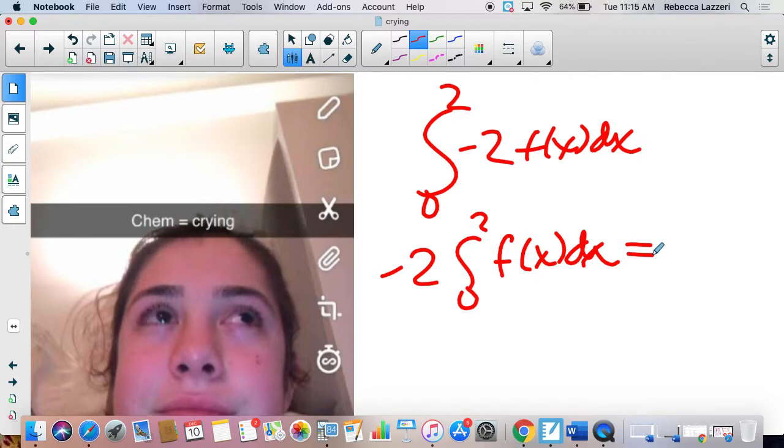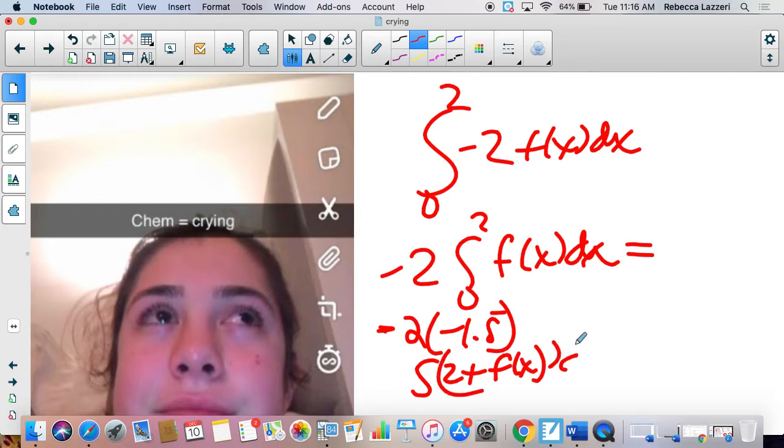They told you the area was 1.5, but since it's underneath, you had to use -1.5 for the actual answer to the interval. Because the integral just keeps a running total. So did y'all say -2 times -1.5? For D, okay. And then for E, I think you had 2 plus f of x dx.